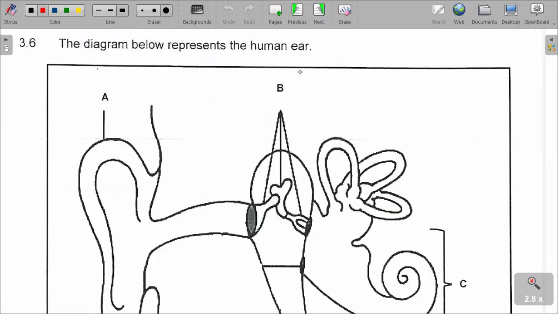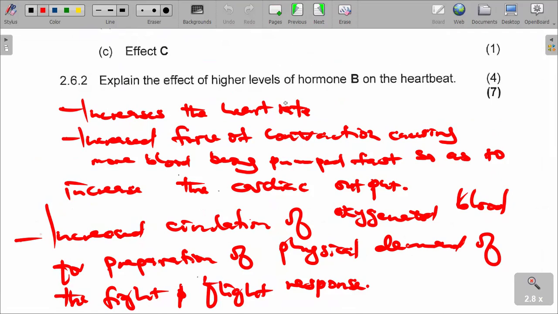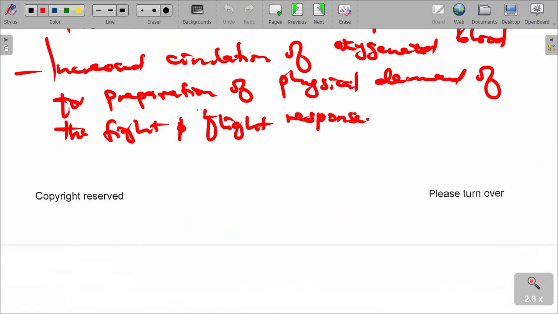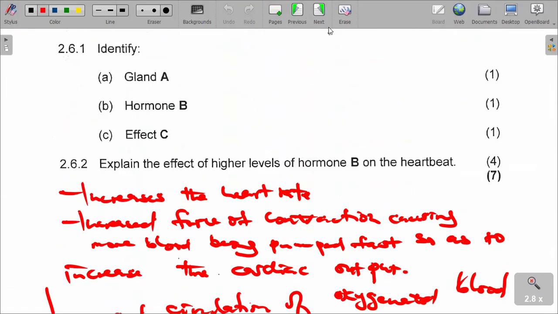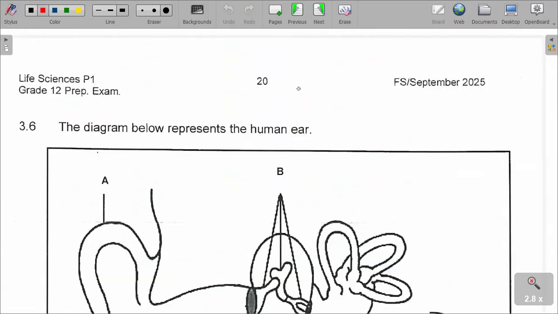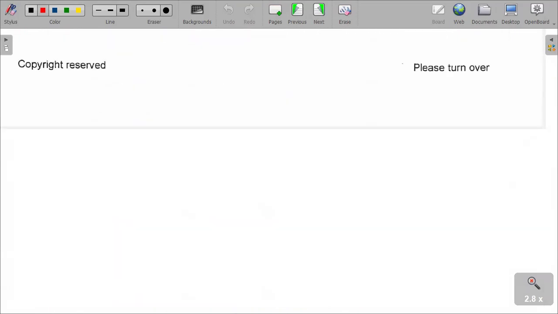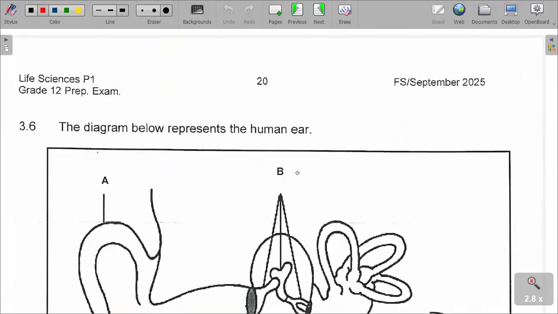And then we have question 3.6. Let's just quickly go to this one. The diagram represents the human ear.